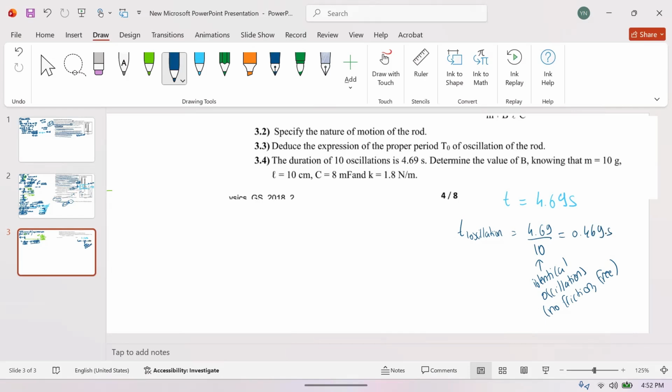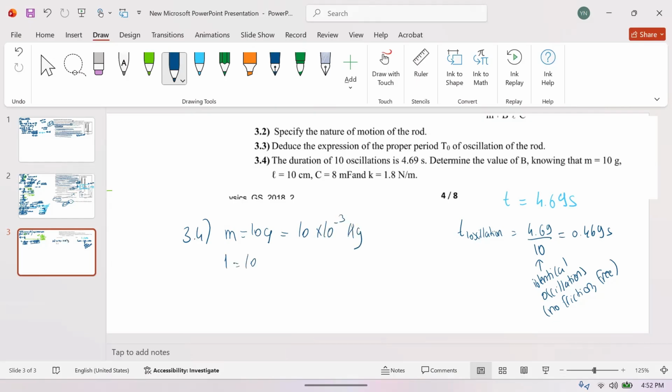Now, I didn't even read the question, but I cannot help but analyze what I'm reading in the given. So determine the value of B knowing that M equals 10, L equals 10, C equals 8, and K equals 1.8. So let me just rewrite the given because nothing is in SI. M is equal to 10 grams. Convert that, so we divide by 1,000.